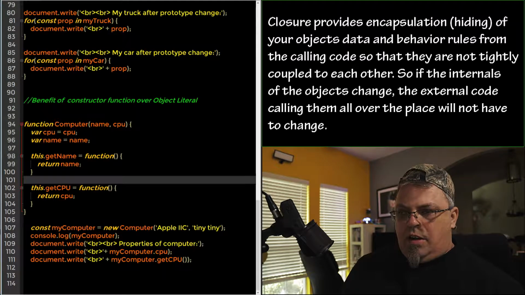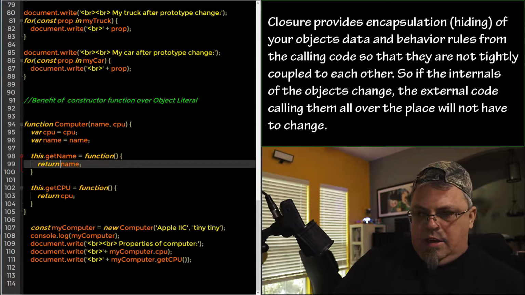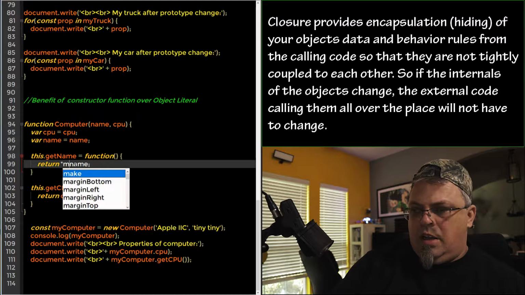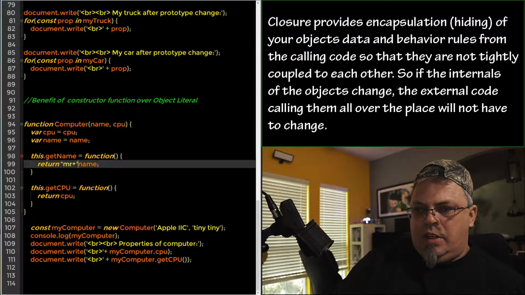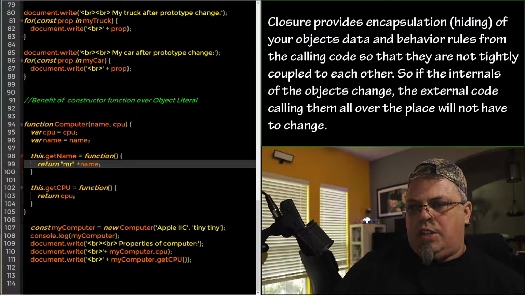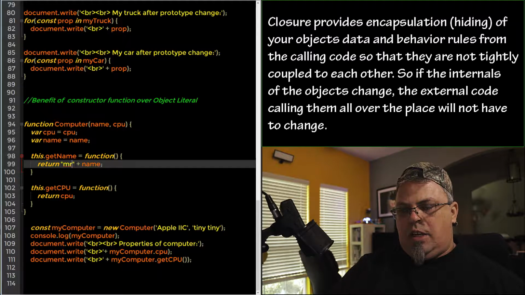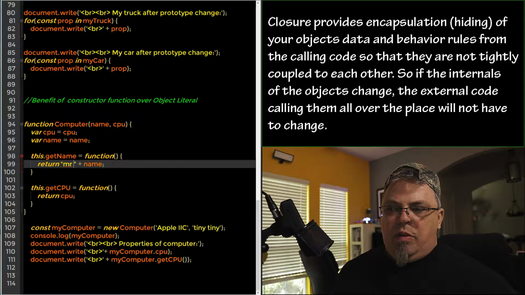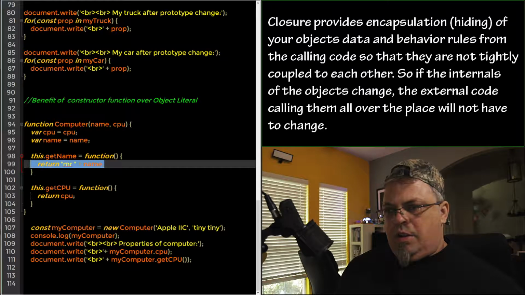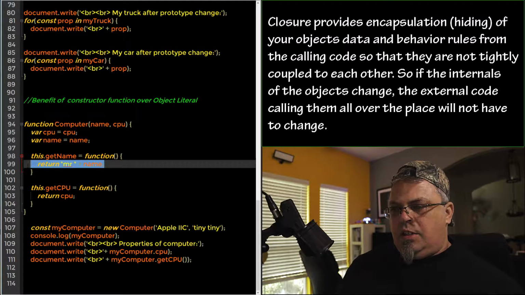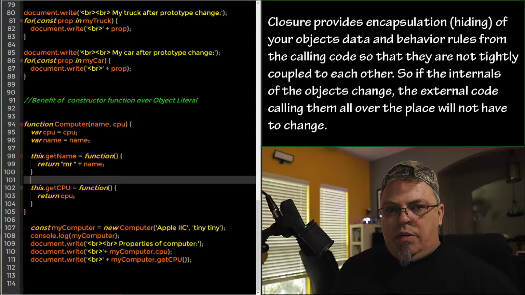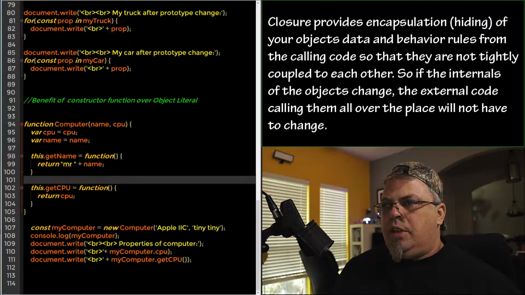And if I wanted to tack on more data here, well, since the calling code can't change those variables, it can't change the name, it can't change my formula, it can't mess up my business logic here of adding on this Mr., right? So this is a cleaner way of creating objects. It's more encapsulated.